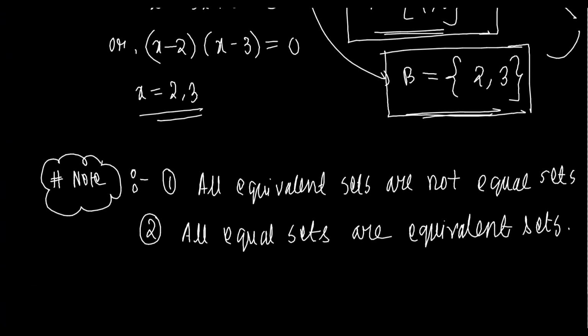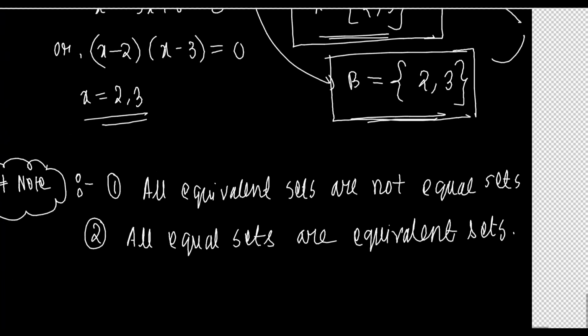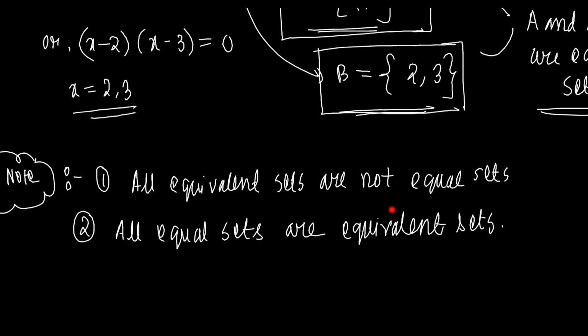Why? Please understand this. See, in equivalent sets, only the number of elements should be the same. No matter whether the elements are the same or not, elements can be different. So if two sets are equivalent, it does not mean that they are equal sets, because they may have different elements.